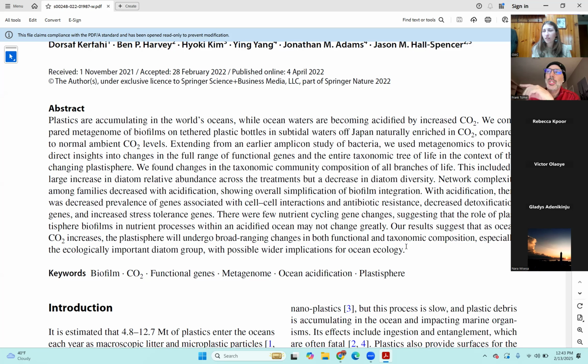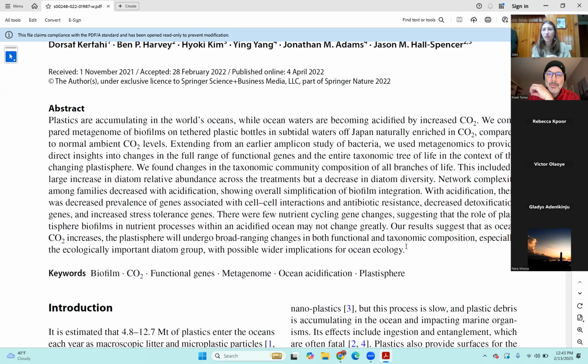I have a question. Even on the first sentence, the problem statement, nothing is actually quantified there. Is that okay or not okay? Yeah, so the very first sentence. It's okay in an abstract to be more general like that, saying that generally plastics are a problem in our oceans.